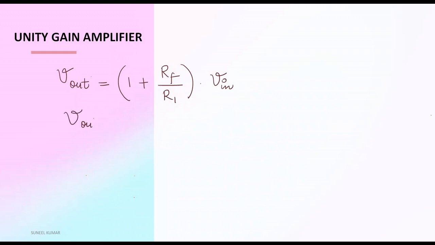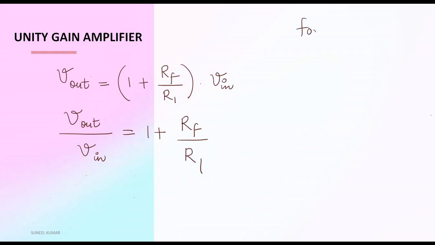Here the V output is basically 1 plus RF divided by R1 into V input. So, the ratio of V output divided by V input can be written as 1 plus RF divided by R1.